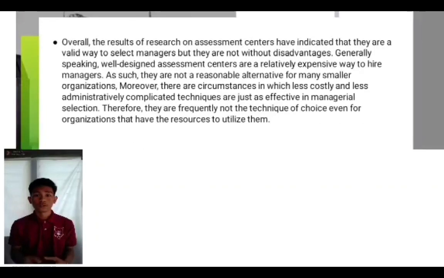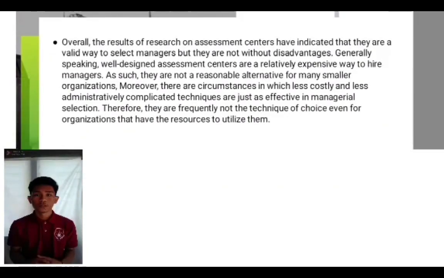Overall, the results of research on assessment centers have indicated that they are a valid way to select managers, but they are not without disadvantages. Generally speaking, well-designed assessment centers are a relatively expensive way to hire managers. As such, they are not a reasonable alternative for many smaller organizations.